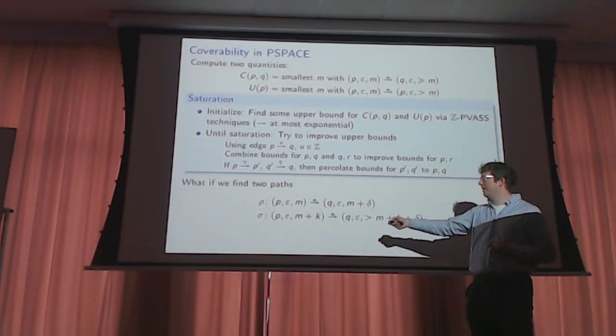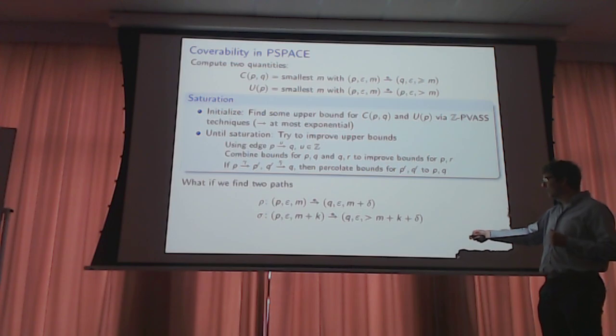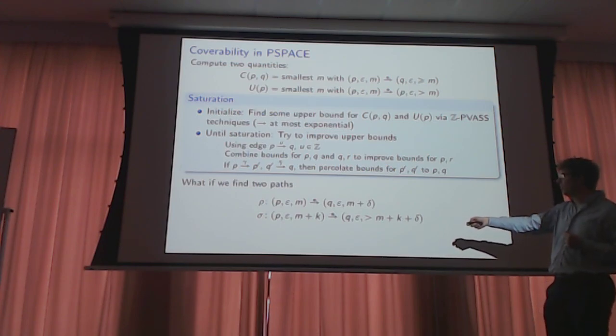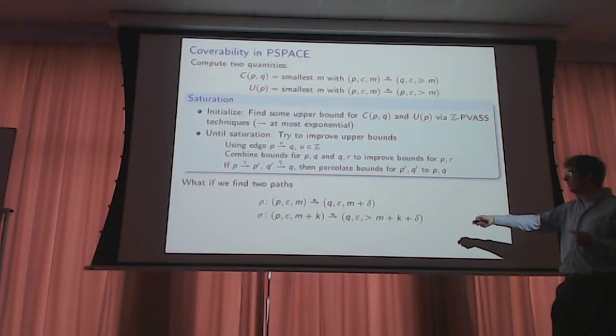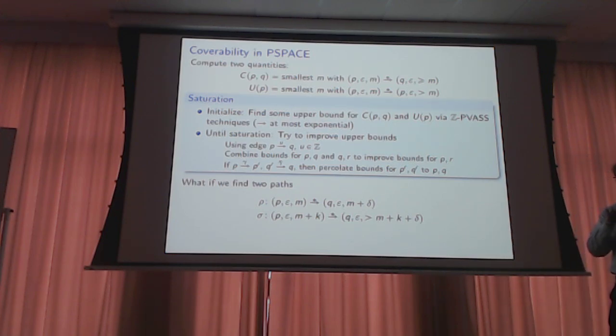So suppose there was one run that gets you from m to m plus delta, and another run that needs to start from some higher value, but also gets you a larger difference. If you wanted to understand all possible p-VAS runs, you somehow need to use both of them, because one of them might be more useful than the other in some situations. So sometimes you need one to get a better bound, and sometimes you need to use the other.